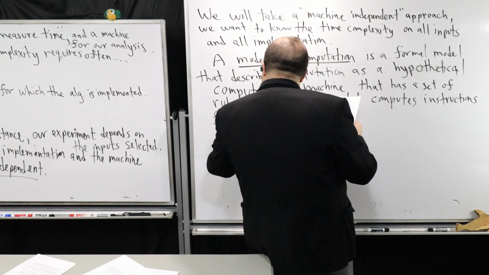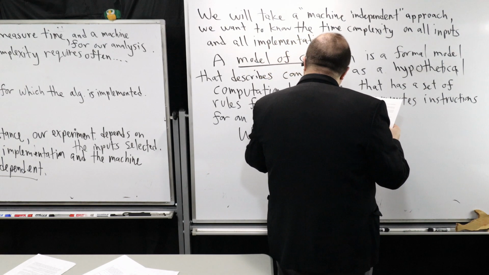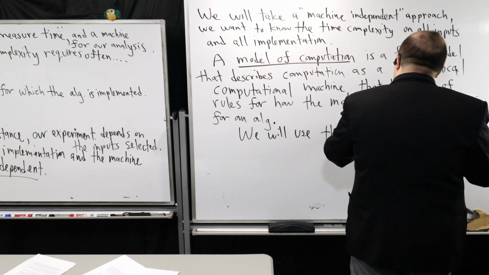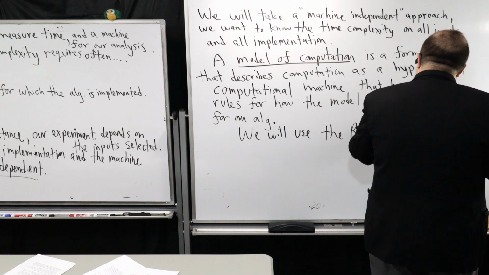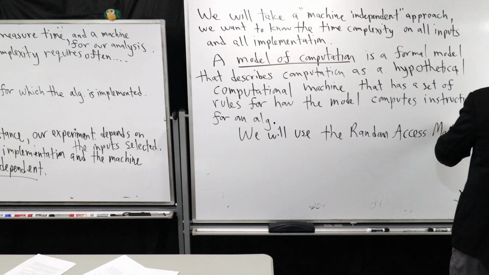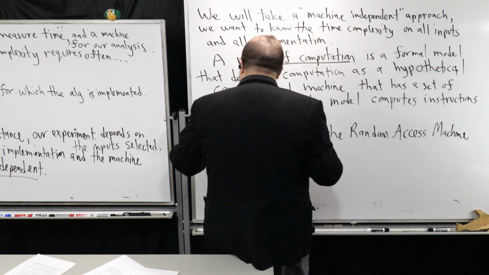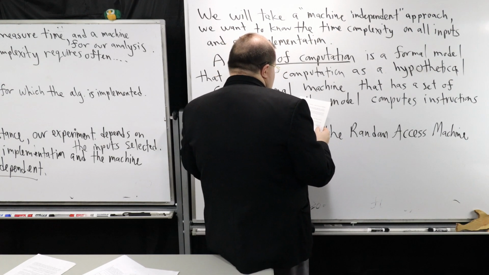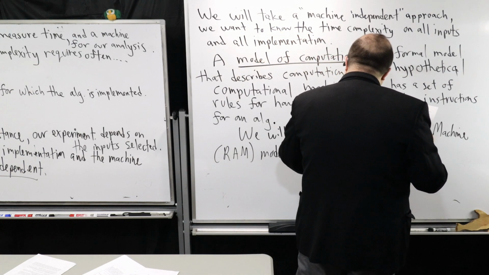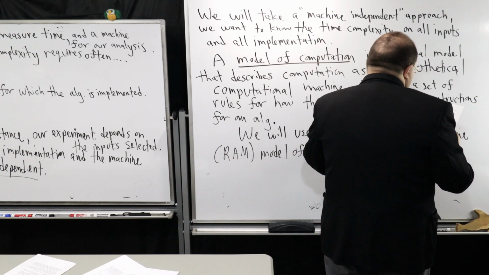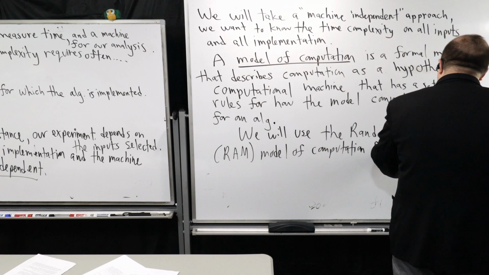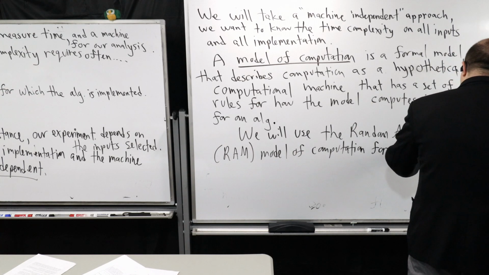So we will use the random access machine, or so-called RAM model of computation for analyzing algorithms. We're going to only use it for analyzing algorithms.